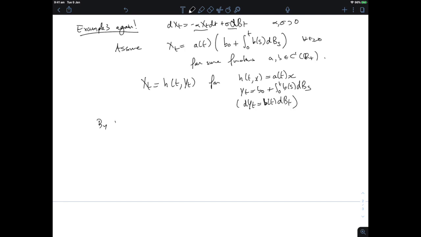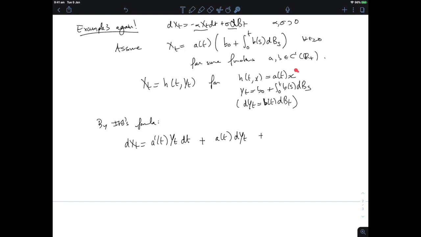Now, applying Ito formula, maybe more precisely the chain rule version of it, what do I get? I get that dX_t has to be the dt part of h(t, x), which is a prime of t, times x, which is Y_t, and then I get that dt, plus the dx part, which is just a(t), and then dY_t, and then plus 1/2 of the second derivative.